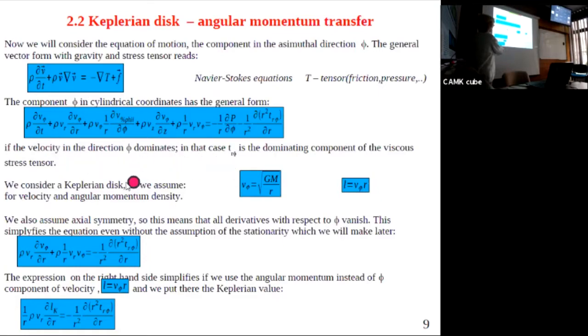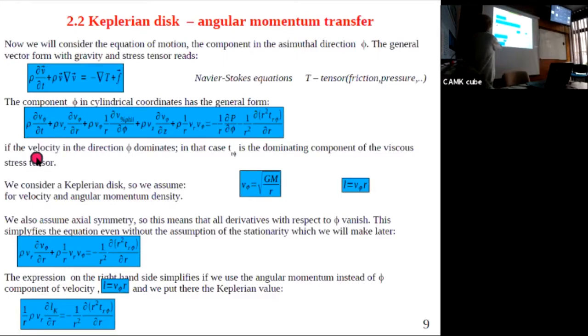Fortunately, this will simplify quite a lot because we assume that we have axial symmetry. So any derivative with respect to phi will be automatically 0, like this partial derivative. So it's not a problem. And in this case, the phi velocity is just the Keplerian velocity. So it does not depend on phi. It's not even a stationarity assumption.